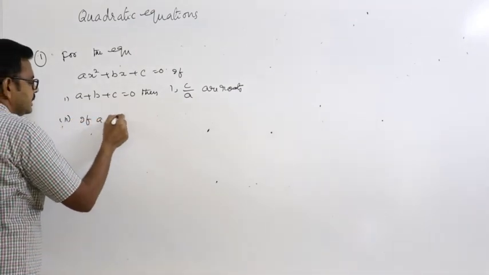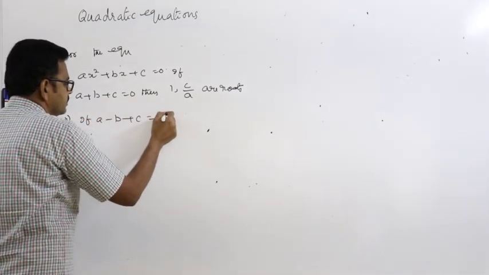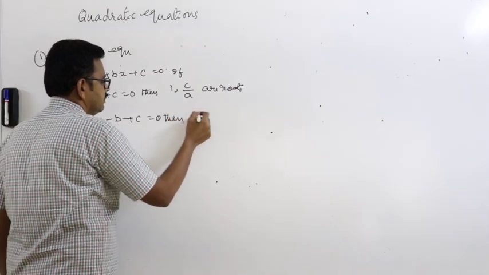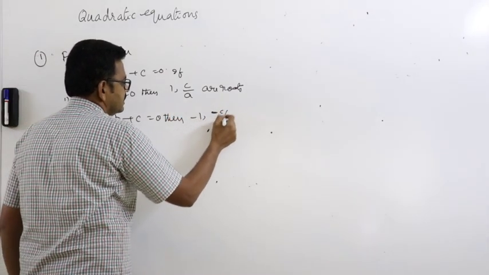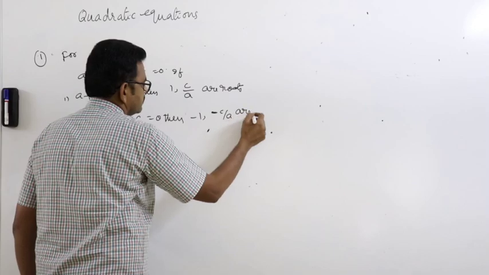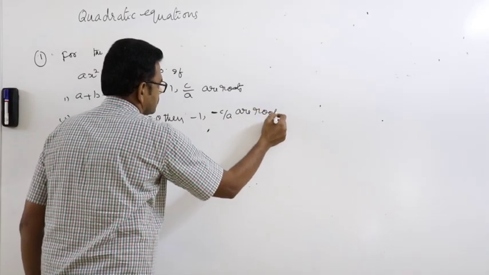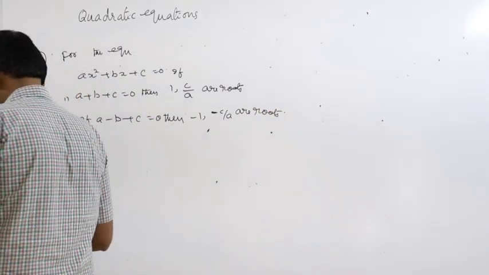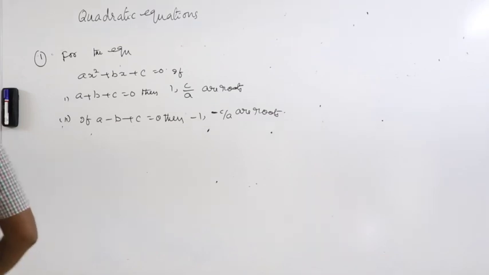If a minus b plus c equal to 0, then minus 1 comma minus c by a are roots.